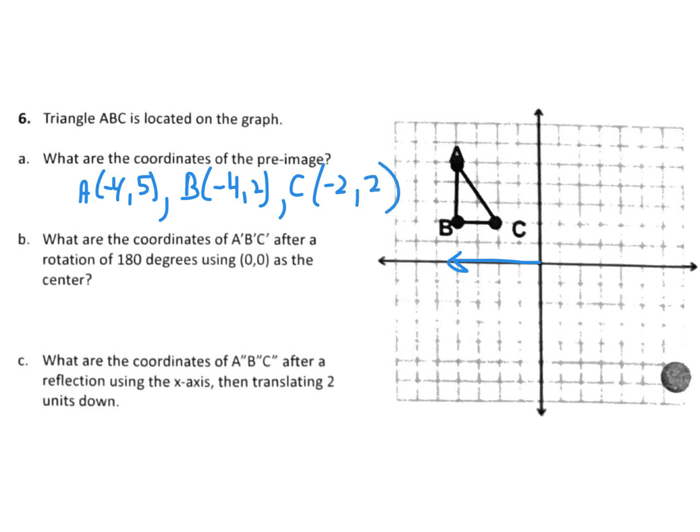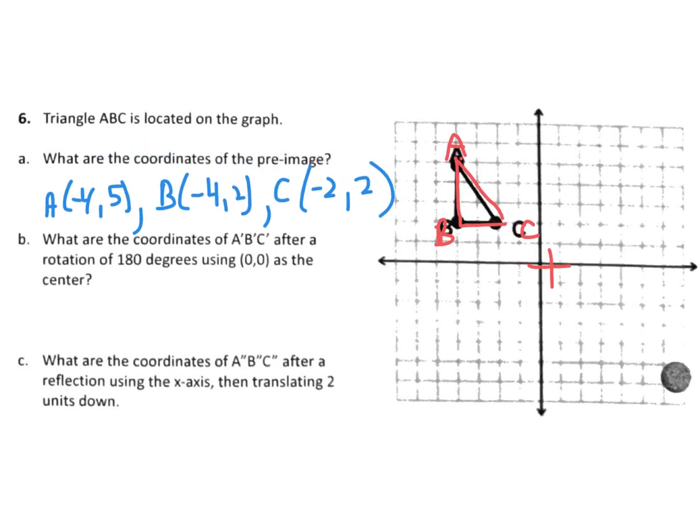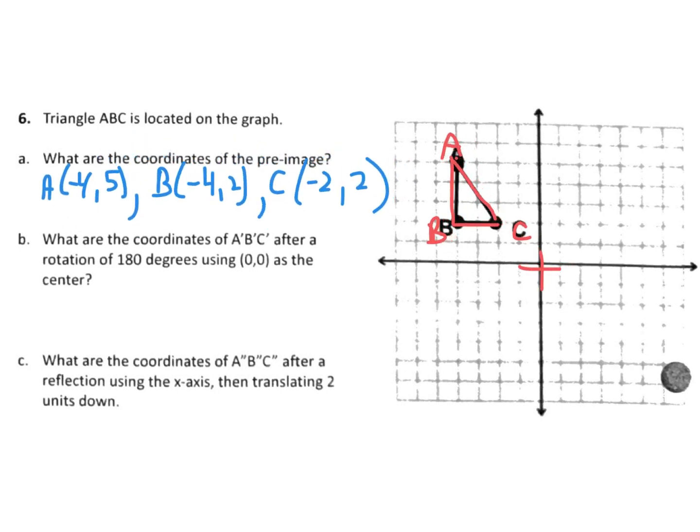Okay, now we're going to do a rotation 180 degrees. If you're using your tracing paper, your patty paper, you're going to trace the triangle, also include the letters, and take the origin with you. Take that X marks the spot with you. We're going to go 180. That means we're going to move 2 quadrants. Oh, it's taking my coordinates with me.